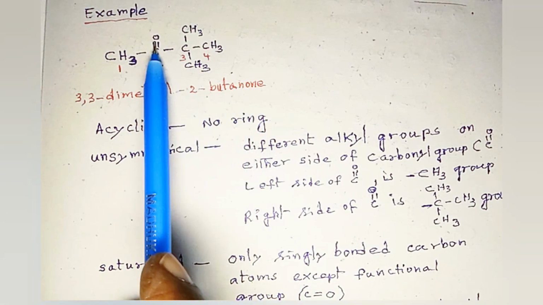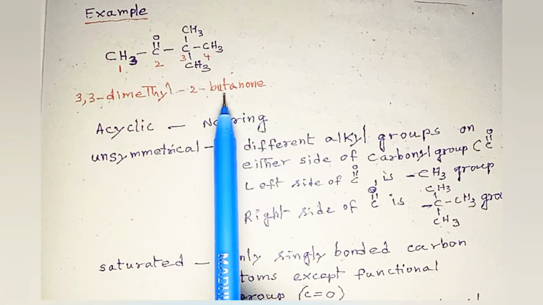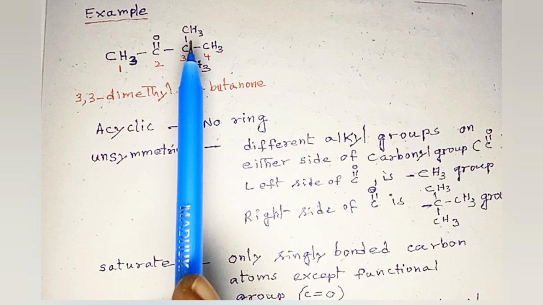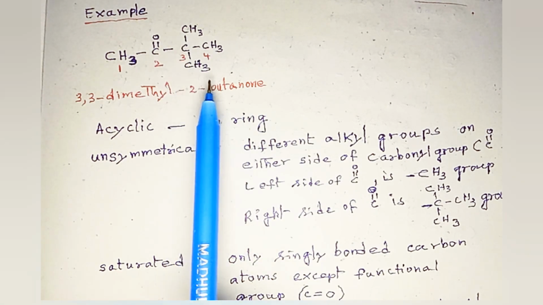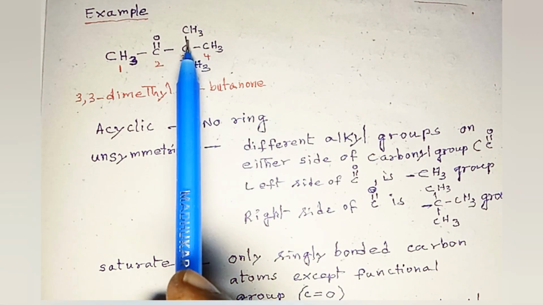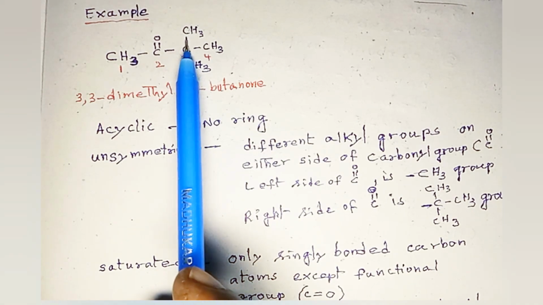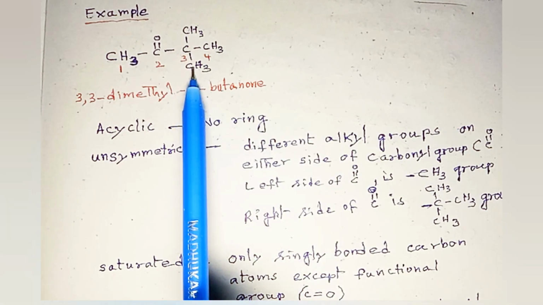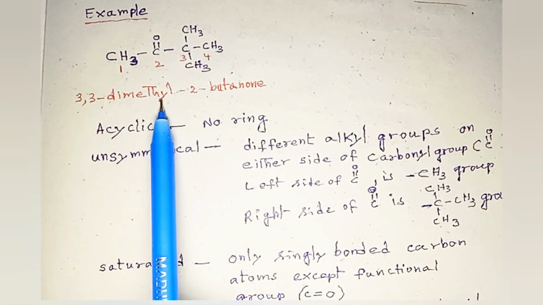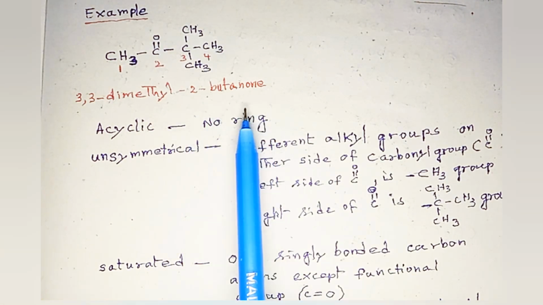It contains a carbonyl group, so it is called butanone. Then to the third carbon atom, 2 methyl groups are connected, so it is called 3,3-dimethyl 2-butanone.